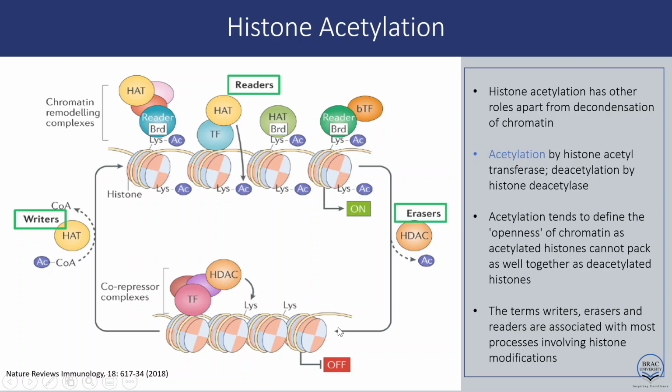The three terms: writers, readers, and erasers. Writers mainly add functional groups, in this case the acetyl groups to the histone. The writer here is HAT, the histone acetyl transferase enzyme I talked about. Readers do not change or add anything to the histones, but they help in reading certain changes, such as the transcription factors.